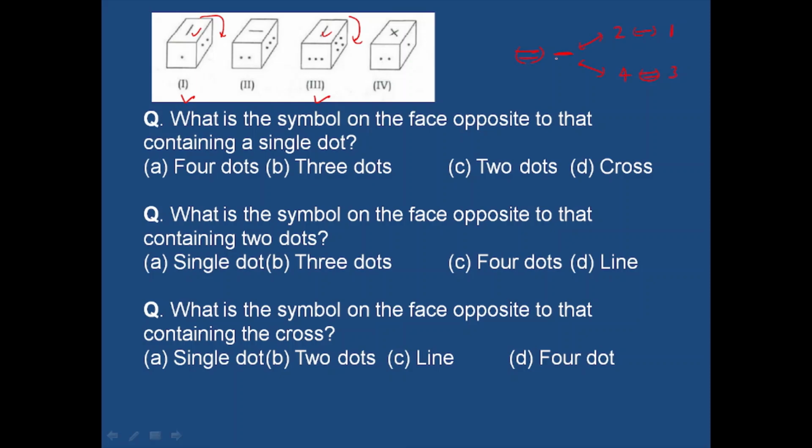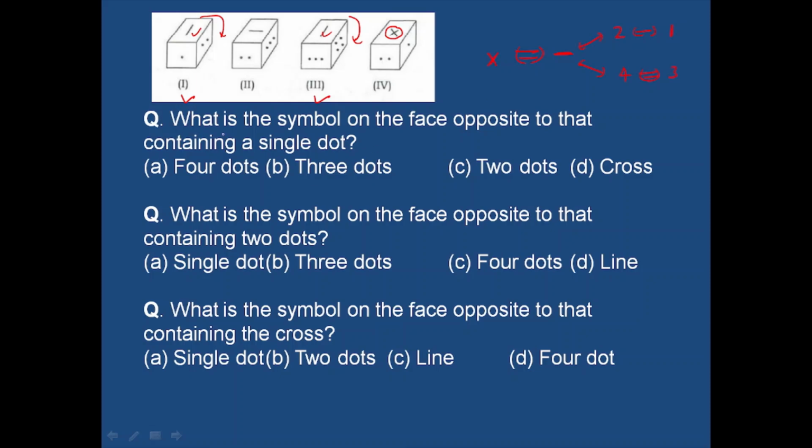Okay, so which symbol in these two positions, position number 1 and 3, is not shown here? This symbol is not shown. So the symbol that is appearing on both positions and the symbol which is not appearing on both positions are opposite to each other, so the line will be opposite to cross.